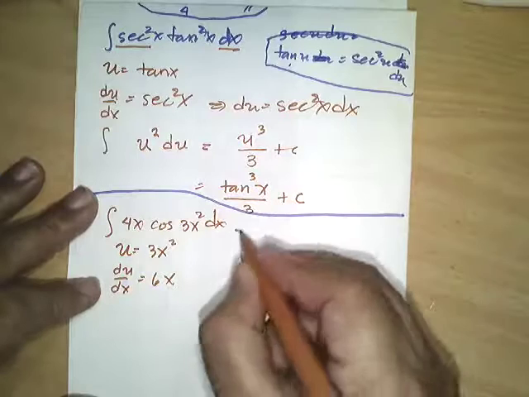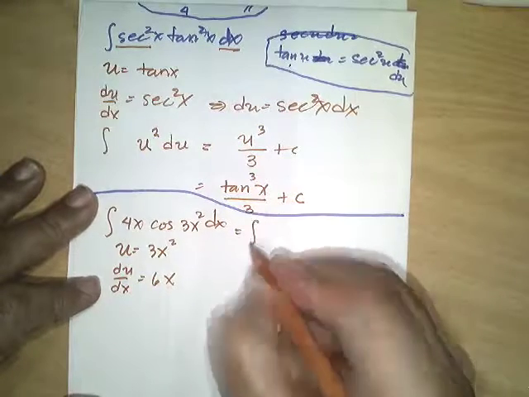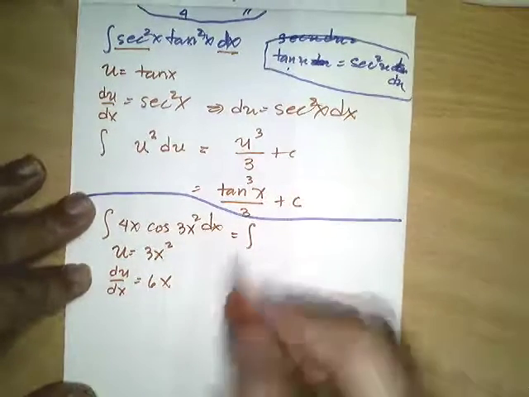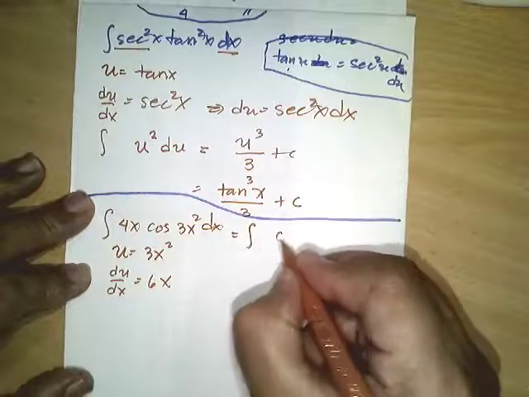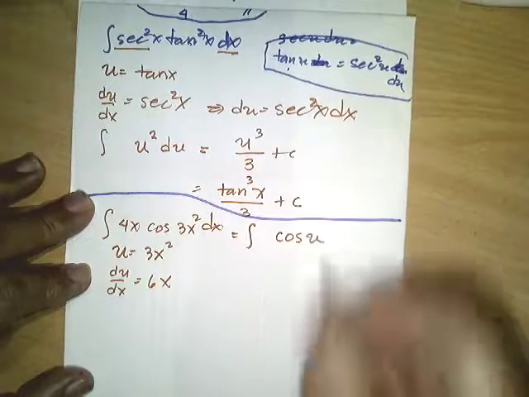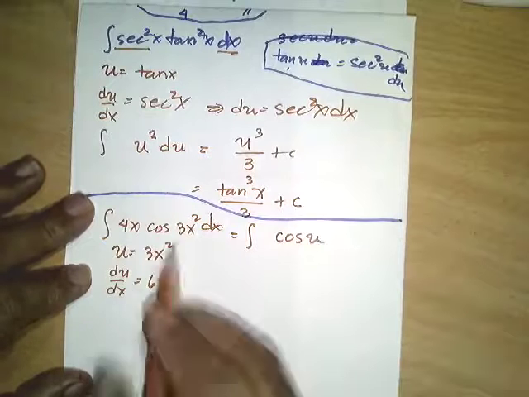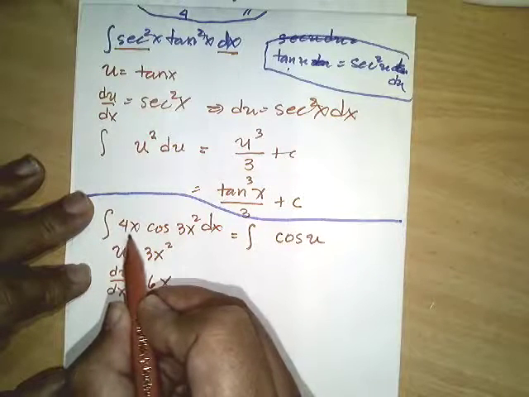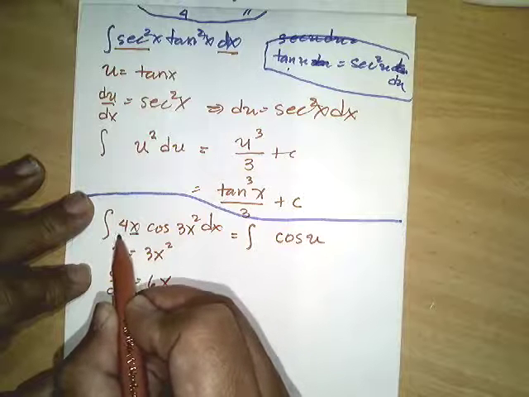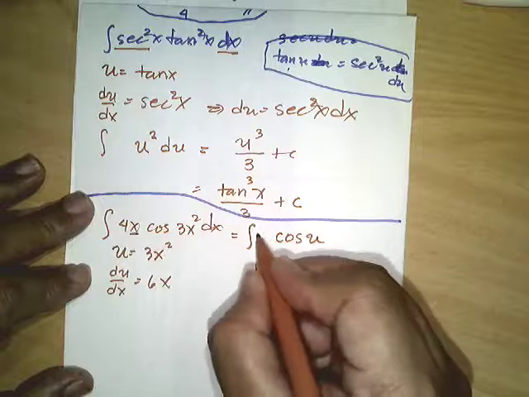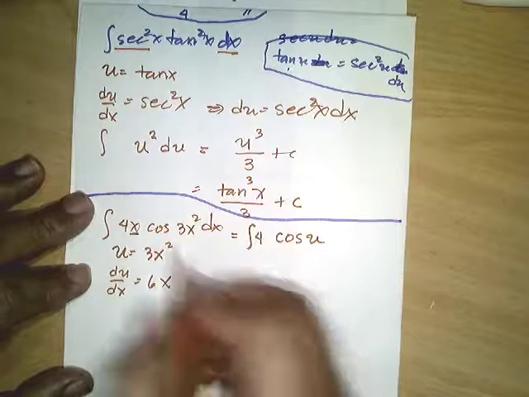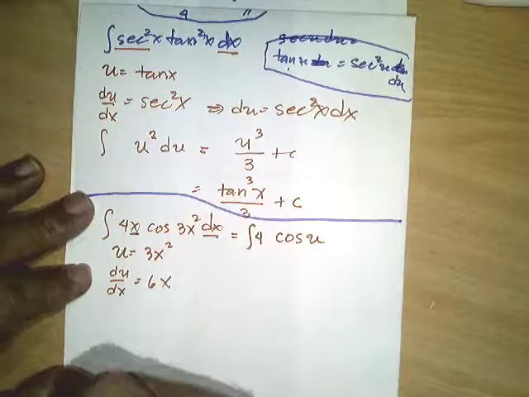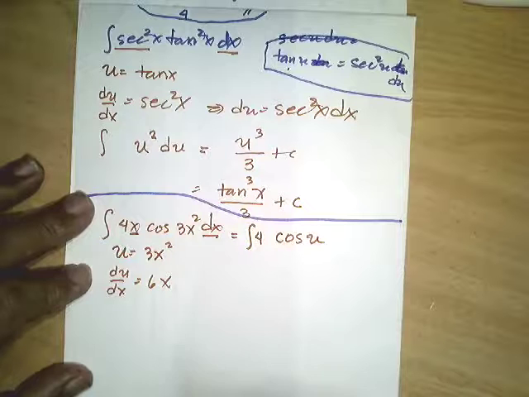So you have there the integral of, so just copy that, the cosine of u. What we want is the expression for this 4. Let's copy that 4. So what we want is the expression for x dx.